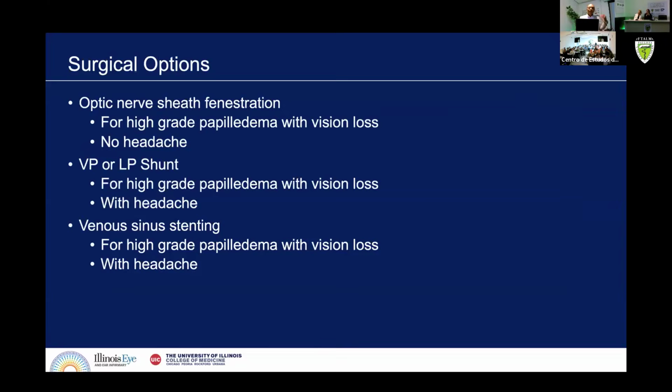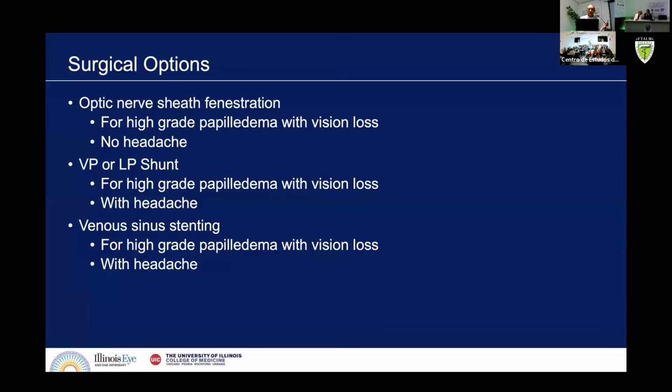But many of us think for patients who have vision loss without headache, probably the fenestration is the best way to go. It's not brain surgery. You're not putting a device into their brain with all of the risks and complications that can come with shunting. So in my experience, for patients who've had mostly vision loss without headache, a fenestration has been a good solution.